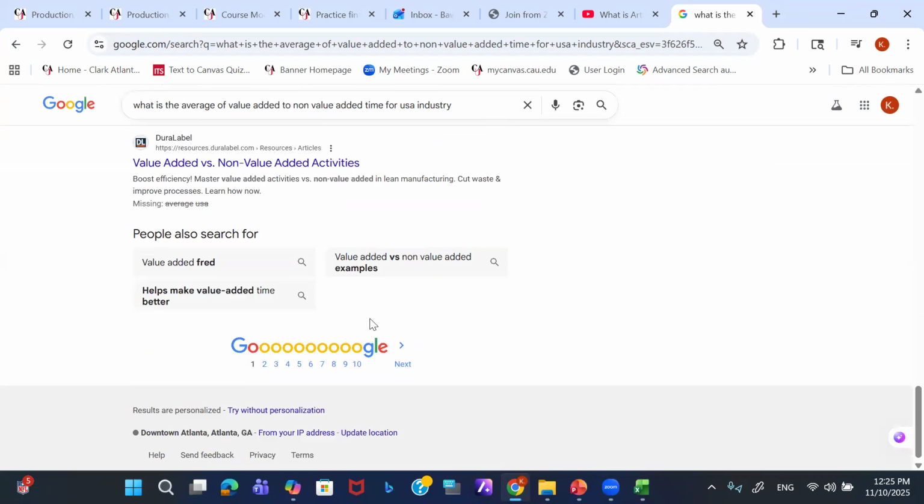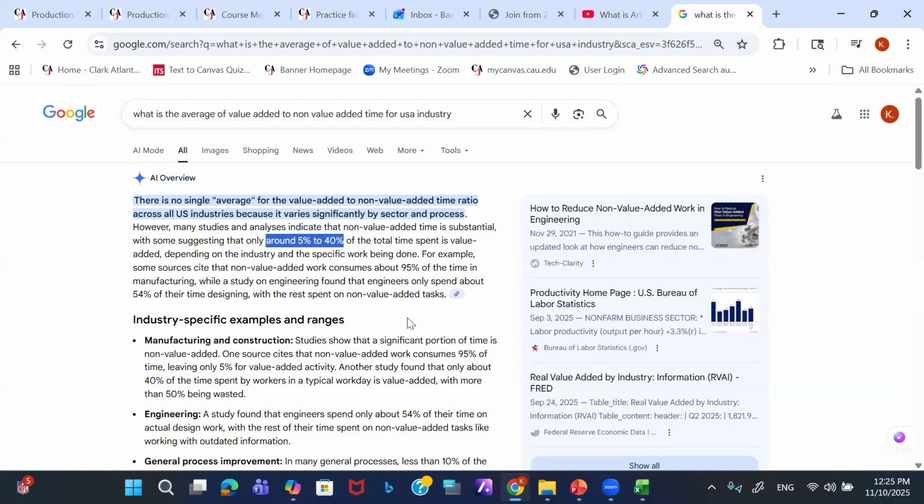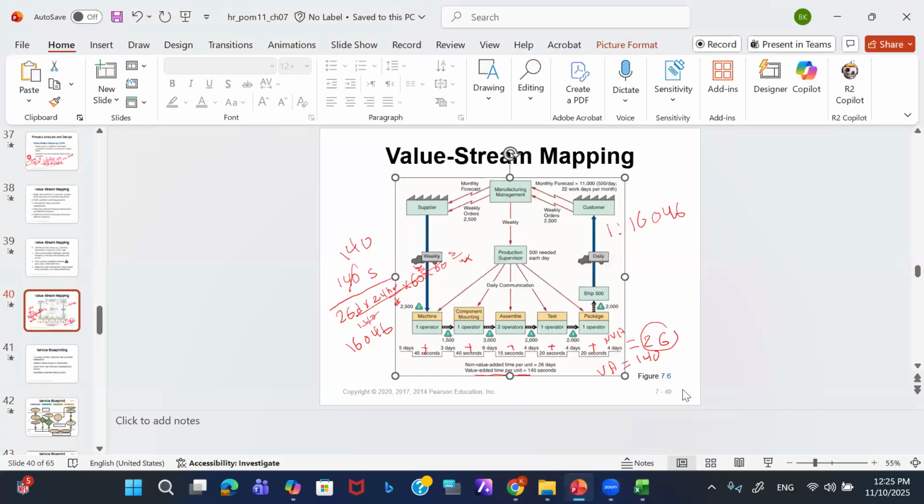This process is very bad. We need to improve it. There are many processes, many manufacturing facilities and services, but this number is very bad.